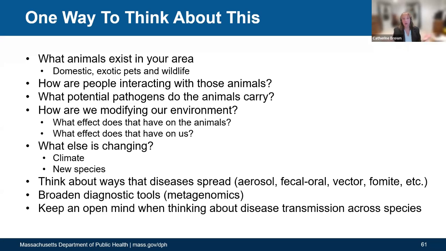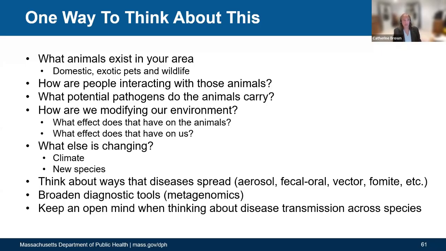Then we also have to think about what else is changing. Our climate is changing, and we're seeing new species coming into different areas, either by purposeful release by somebody who brings in an animal, or because of climate change, we are seeing different species move into new areas.